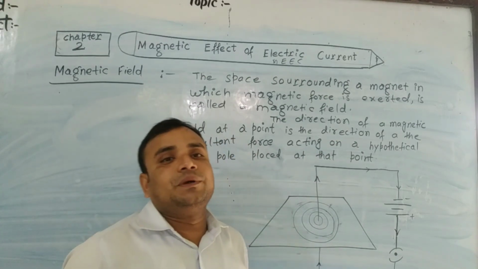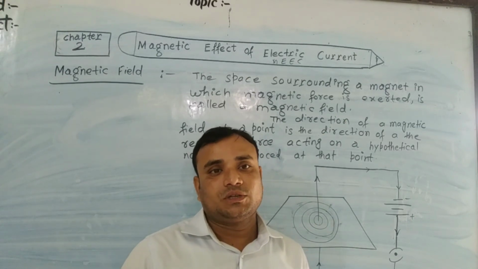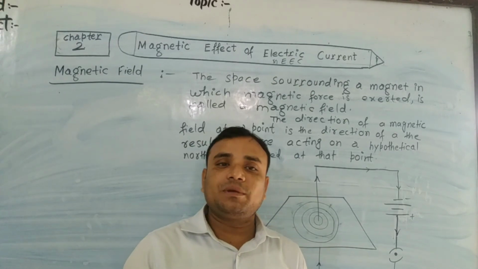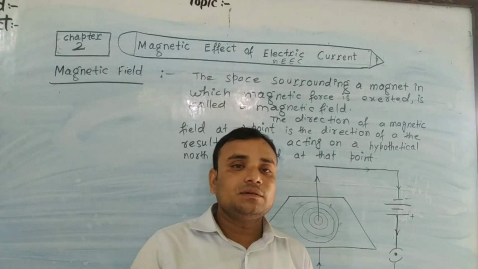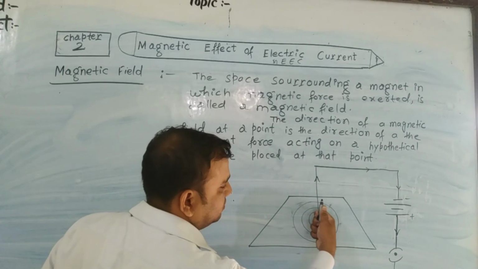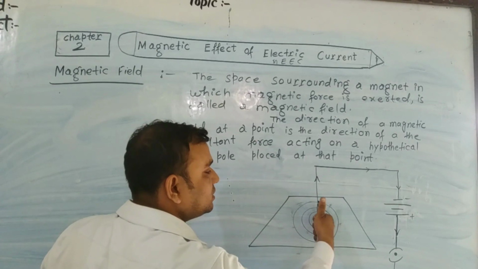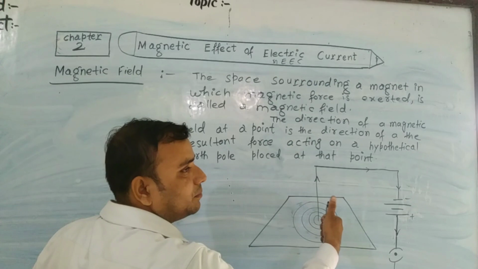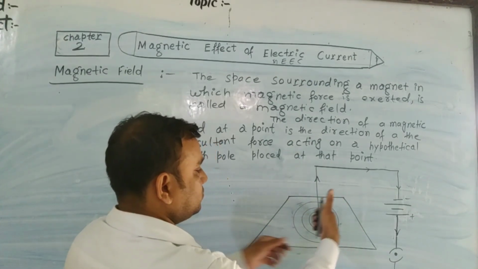This direction is based on a special rule called the right hand thumb rule. I am not saying Fleming's right hand rule or Faraday's right hand rule, only the right hand thumb rule. If you take a conductor in your right hand, with the thumb showing the direction of current, then the rest of the four fingers show the direction of the magnetic field lines.